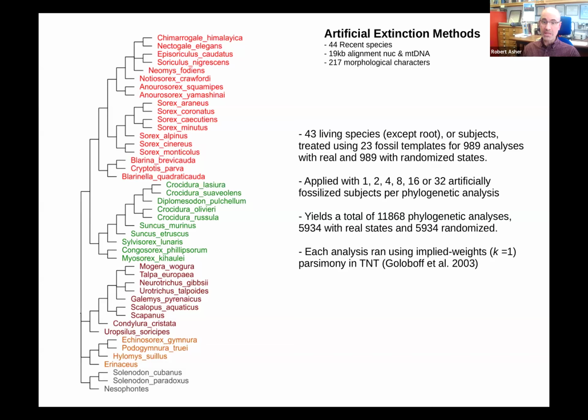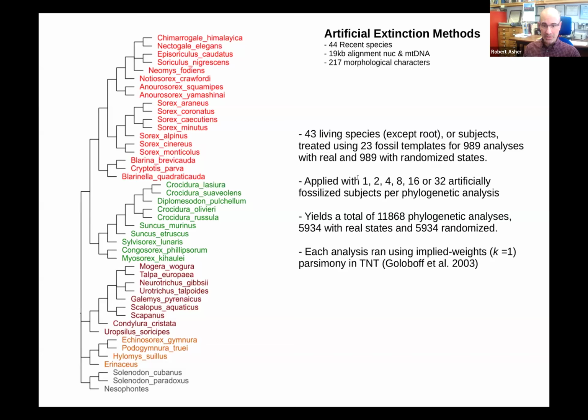So the real character states, bumps on bones, number of teeth, etc., for a shrew, for a hedgehog, for a mole. And we use 989 randomized character states. In addition to that, we also explored, and this is different from previous applications of artificial fossilizations, treating multiple recent taxa per analysis, right?